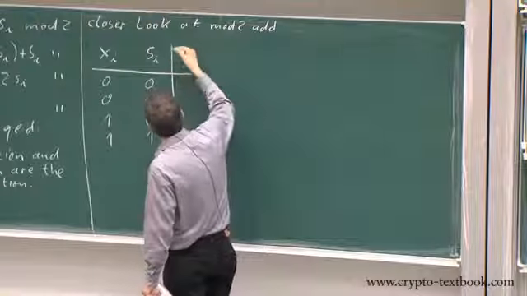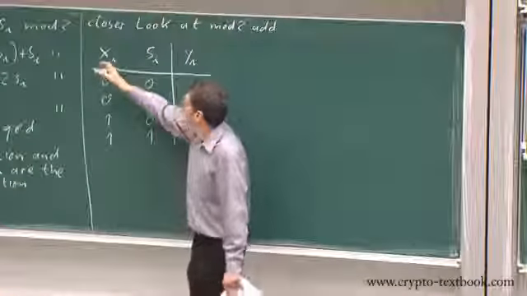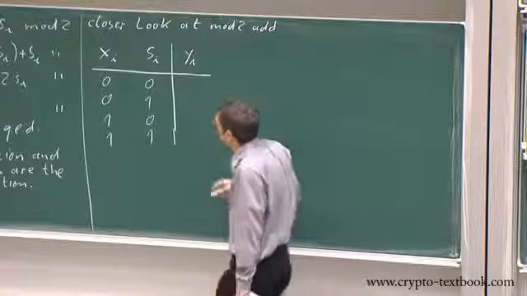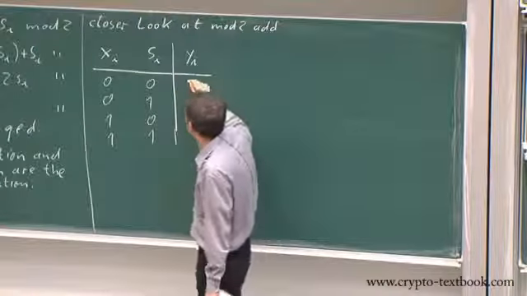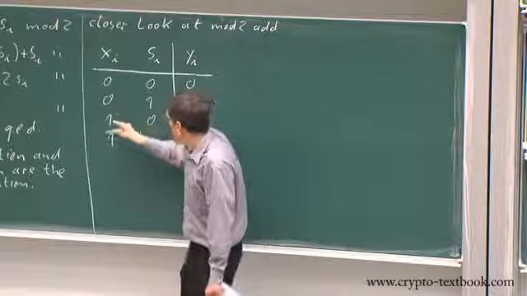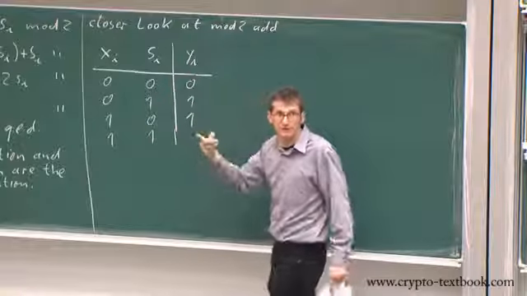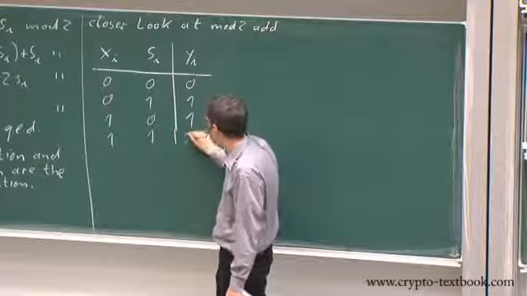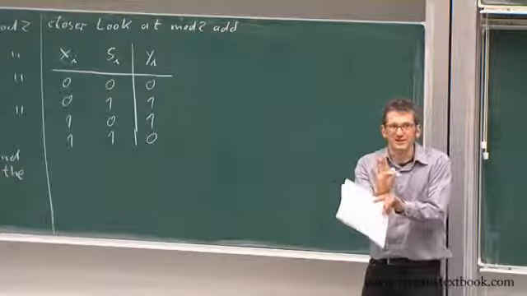Here is the result, the ciphertext we compute, yi, which is xi plus si mod 2. 0 plus 0 is 0, very good. 0 plus 1 modulo 2 is 1. 1 plus 0 is 1. The last line is the only time we have to wake up and pay attention: 1 plus 1 modulo 2 is 0. Okay, so that's a little truth table. We're almost through, then you can go back to sleep.